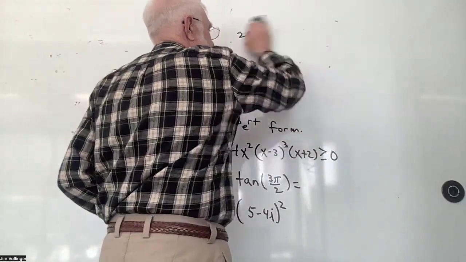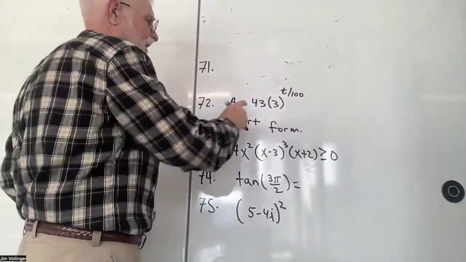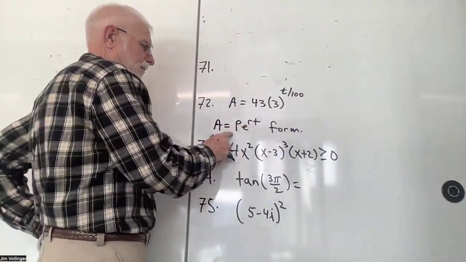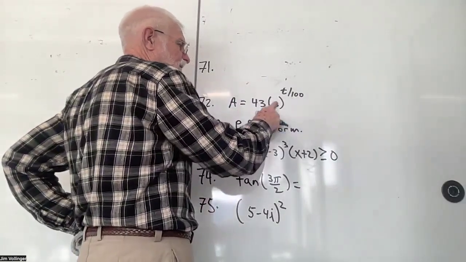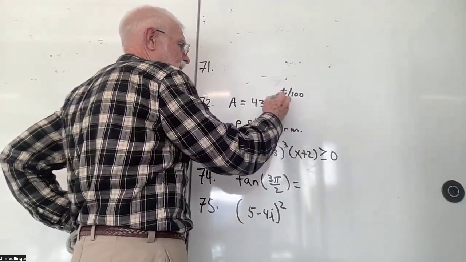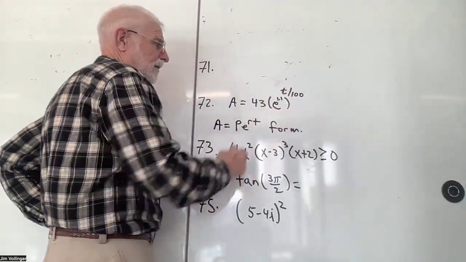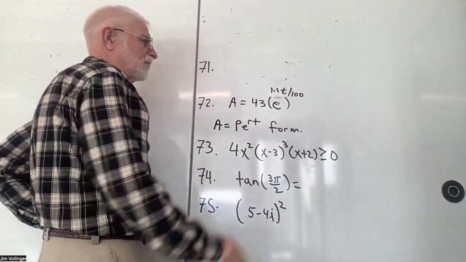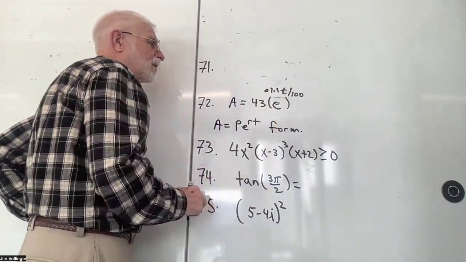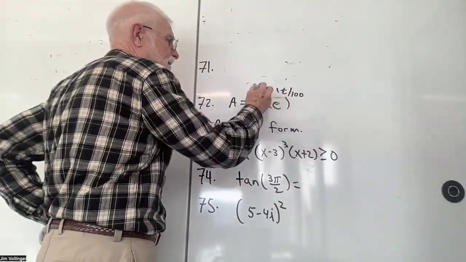Changing to E notation, putting it in that A equals TE to the RT form. I know what 3 is, it's e to the 1.1. Approximate E notation. And that 1.1 can be put right there. Power to power is multiplication. Divided by 100 is moving the decimal places 2 units to the left.